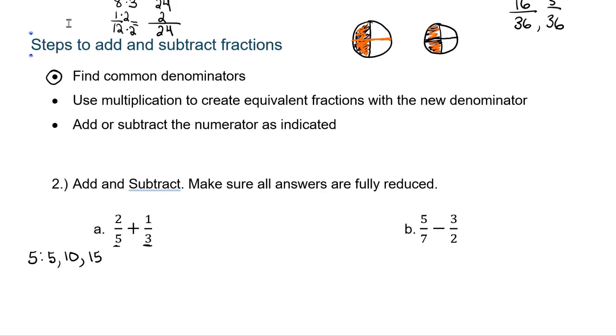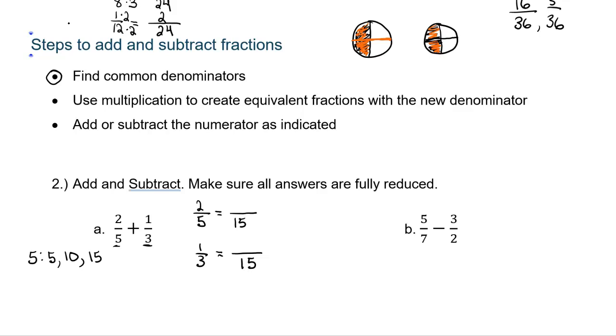All right, so duplicating the process that I just showed you using your equivalent fraction framework, I'm going to go ahead and do that. So I have 2/5, and I need that to equal some fraction with a denominator of 15. And the second one, 1/3 equals some fraction with a denominator of 15.